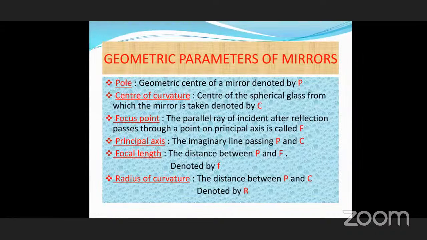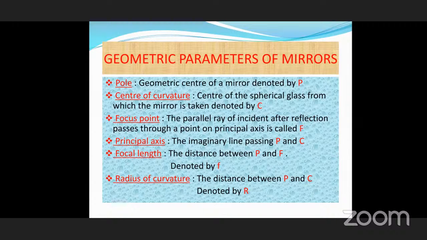Now let us see what the focus point is. A parallel ray means it has to be parallel to the principal axis. When an incident light ray is parallel to the principal axis, then after reflection, it cuts the principal axis at a point.